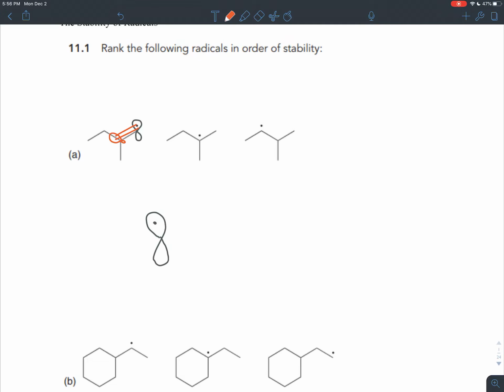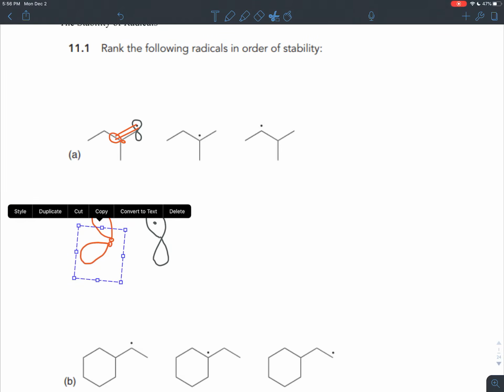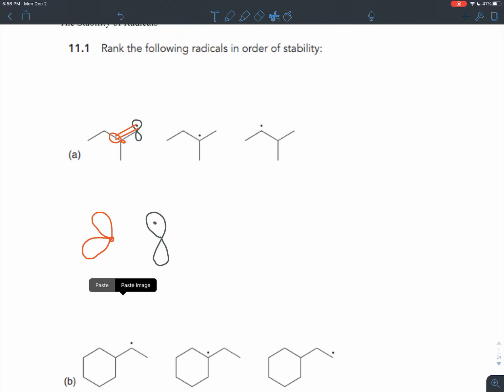So if we're looking at it from the side, you would have an sp3 orbital that almost looks like this. Now, keep in mind that in a tetrahedral molecule, you would have 4 of these arranged in a tetrahedron.